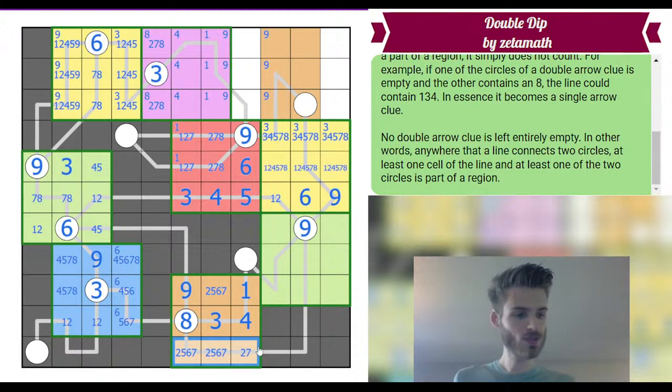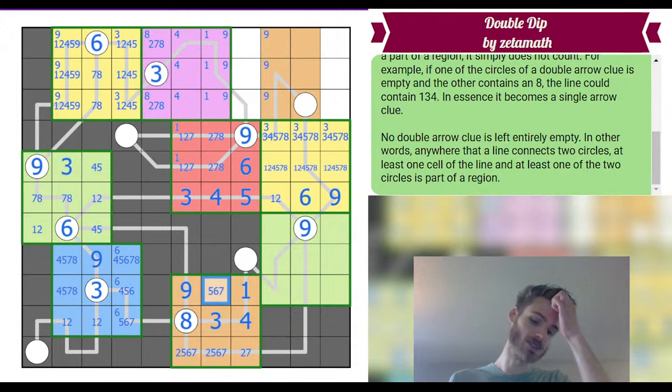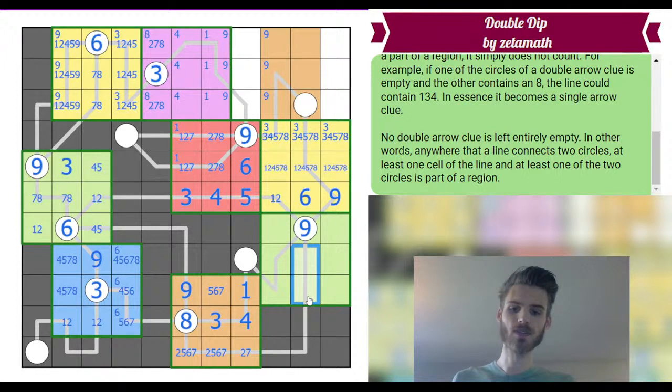Well, these could add up to 5 plus 6 plus 7, which is 18, which is already more than we need. So they don't add up to that, so this is not a 2. But they could add up to, so let's say 2 plus 5 plus 6, because that's the minimum. That's 13. So the maximum that these two add up to is 4.